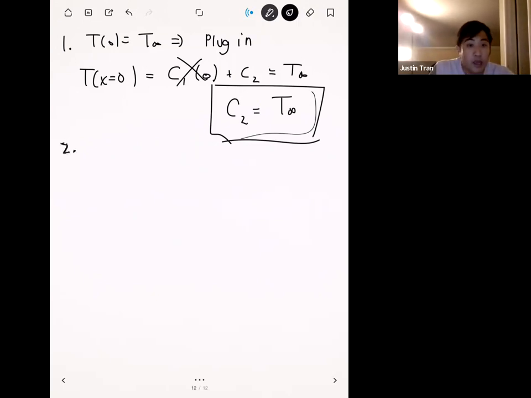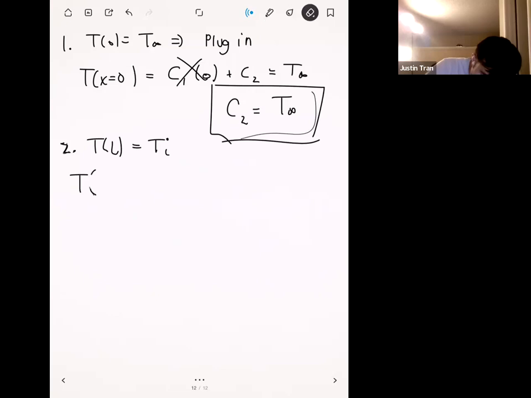Now we're going to apply our other boundary condition, which is T of L is equal to Ti. So we plug it in, and we have T of x equal to L is equal to C1 times L plus C2.